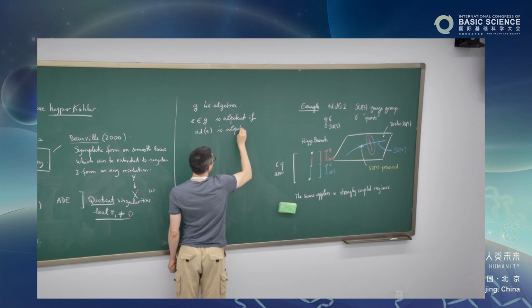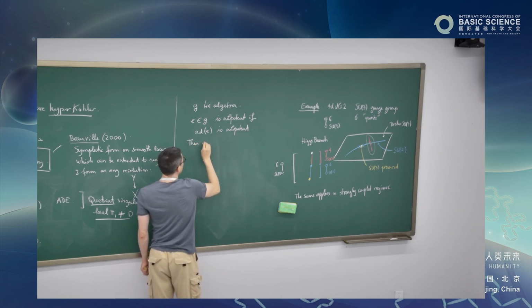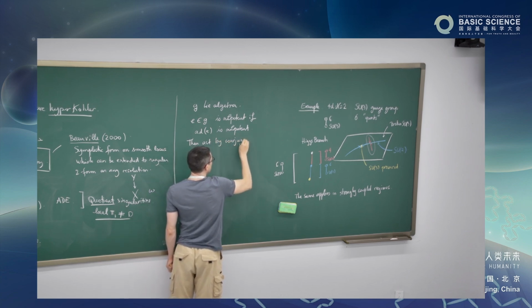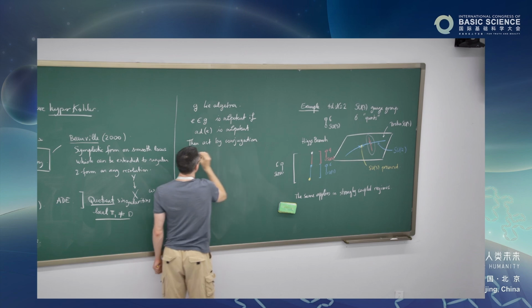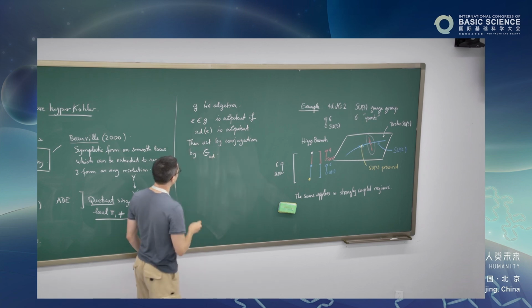And then you act by conjugation by the group G corresponding to the Lie algebra, say the adjoint group.